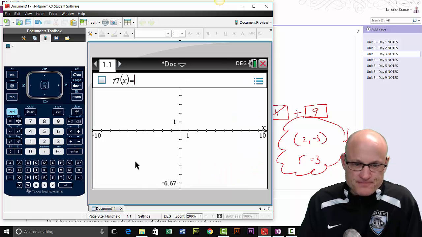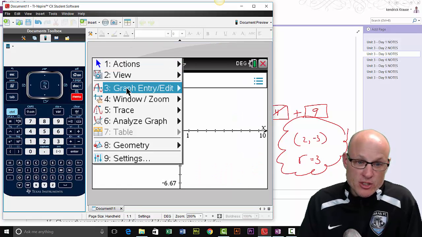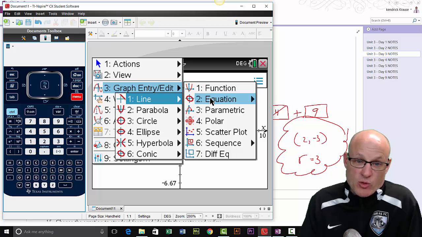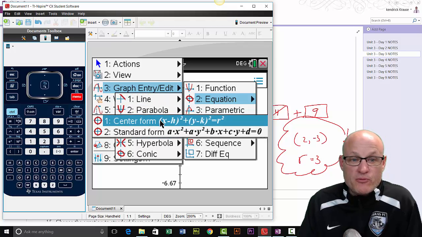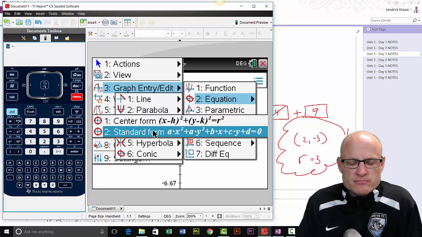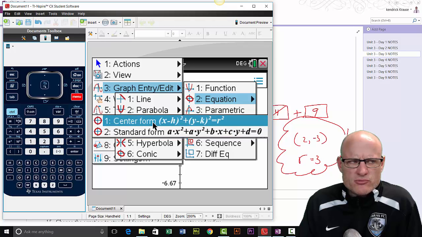So we go into graph mode. We go into menu, graph entry, and graph an equation. And then we come over here and we don't want line or parabola, we want a circle. When you do that, two forms come up, the center radius form or the standard form.